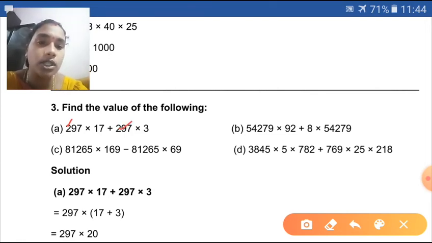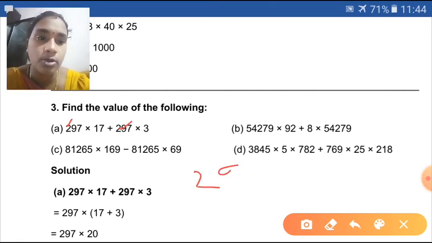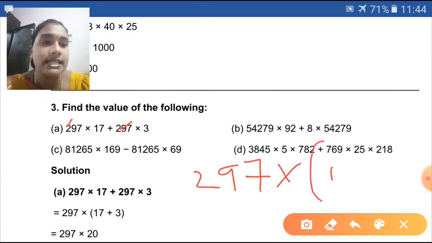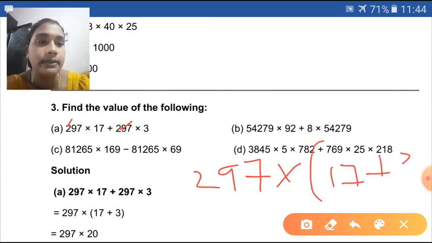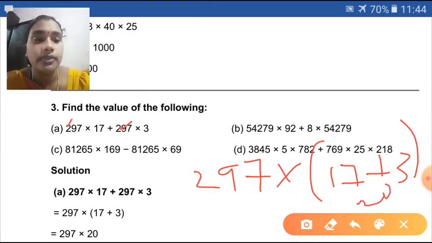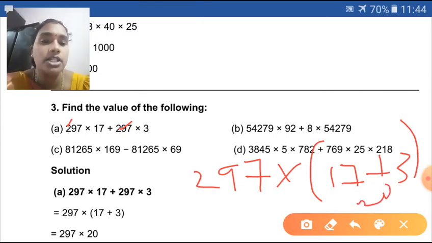Take out the common number, 297, towards your left, followed by a multiplication sign, then 17 plus 3. Now add 17 plus 3, which gives you 20. Now you multiply 297 into 20.